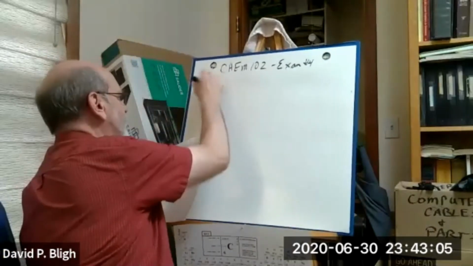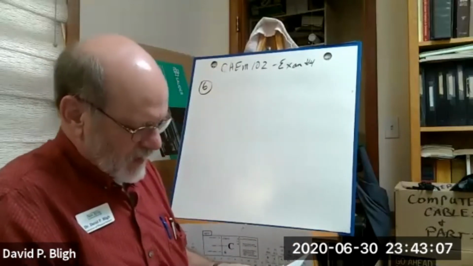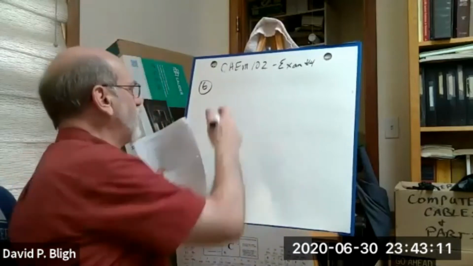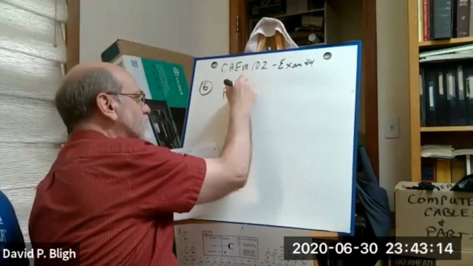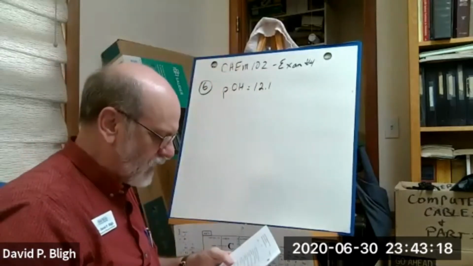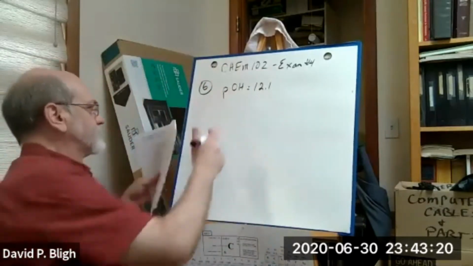Okay. Number 6, a solution in which the pOH is 12.1. So we're given pOH is 12.1. Would be described as what?